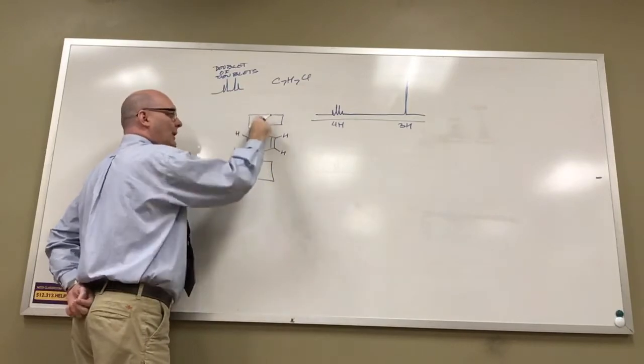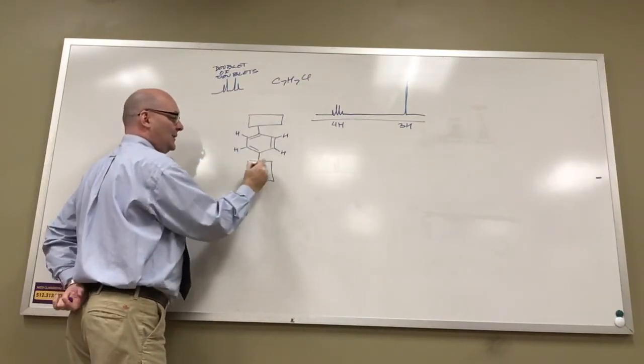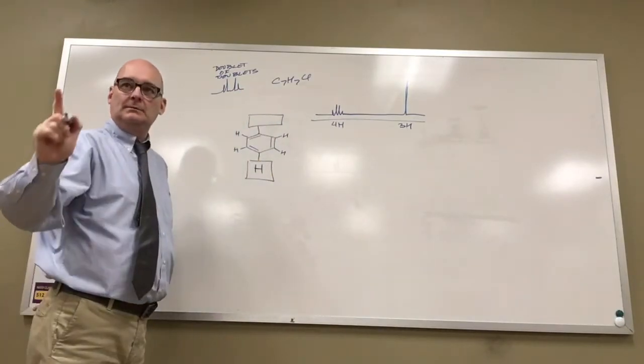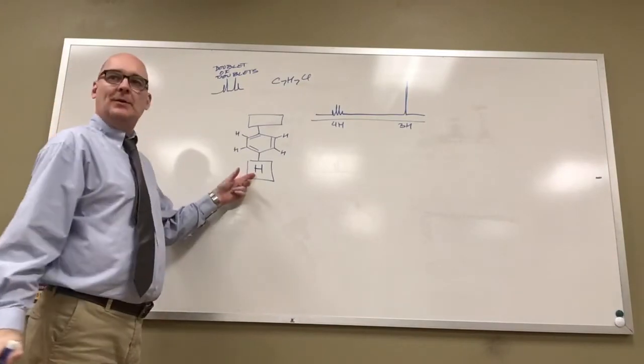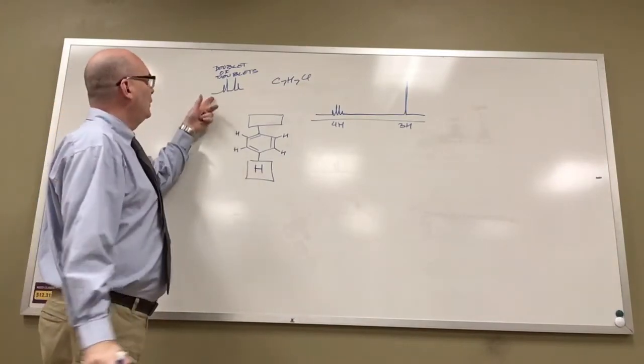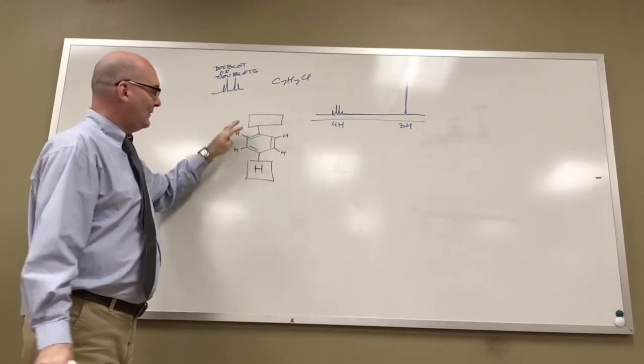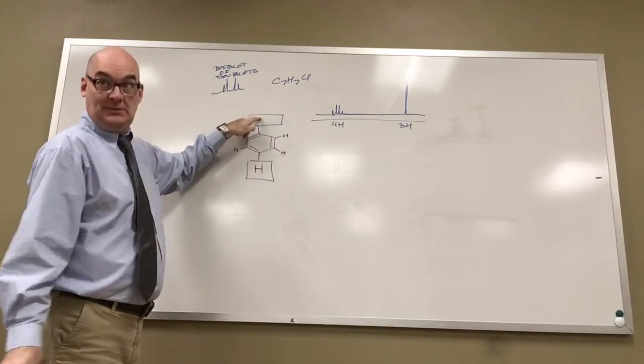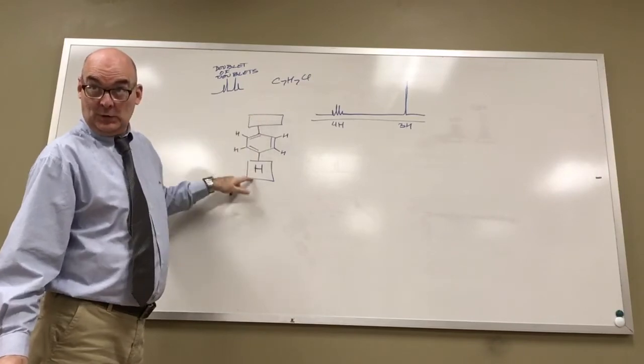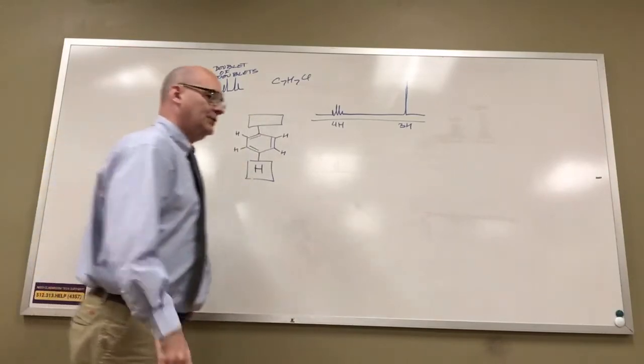If whatever goes in this box is a hydrogen, if whatever goes in that box is a hydrogen, then you no longer have a para substituted benzene, you have a mono-substituted benzene. So whatever this is, it's never a hydrogen.